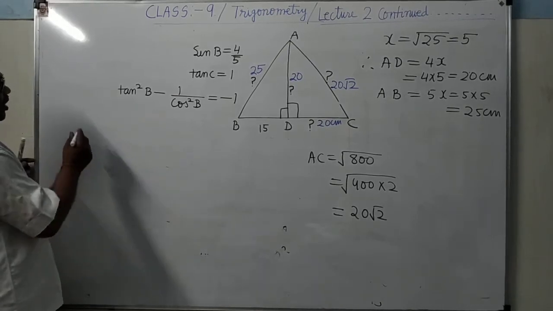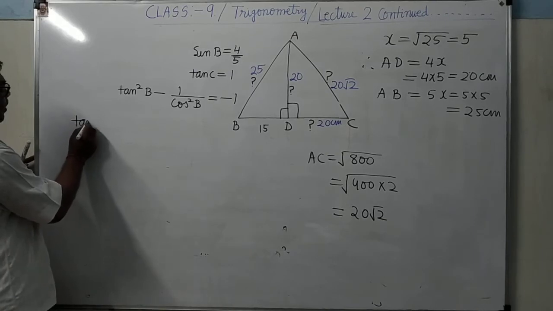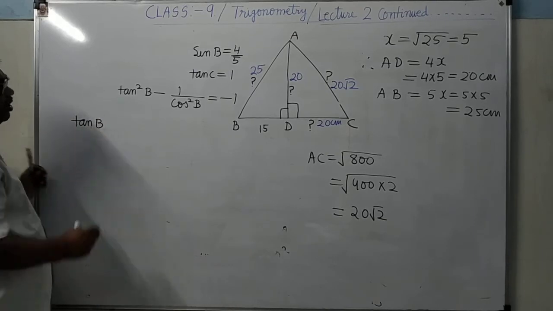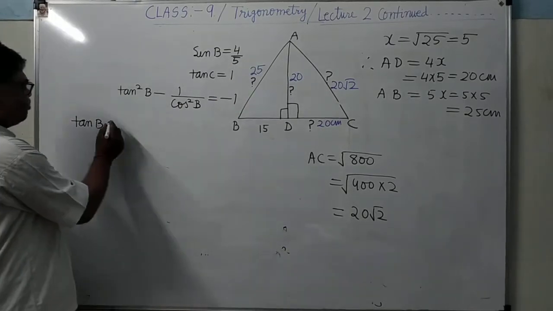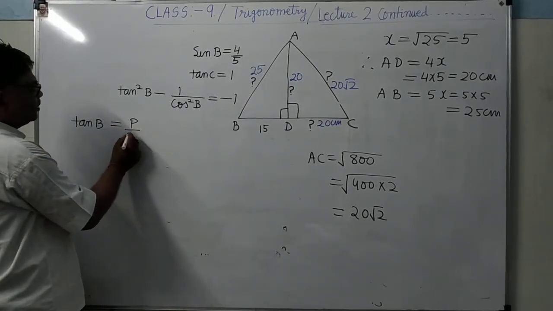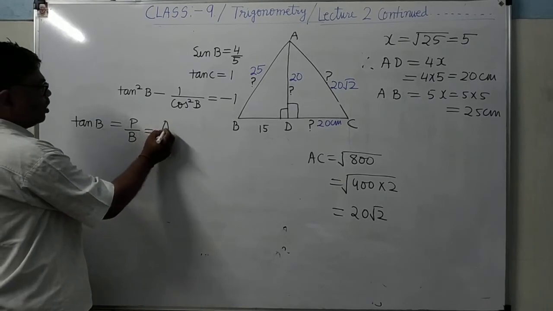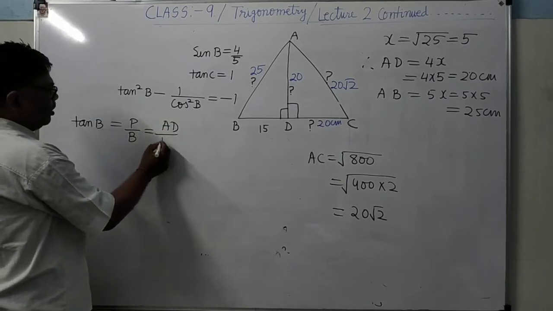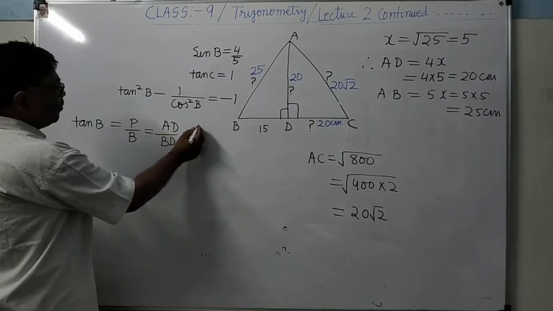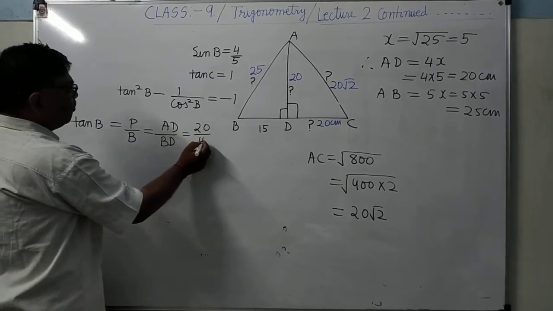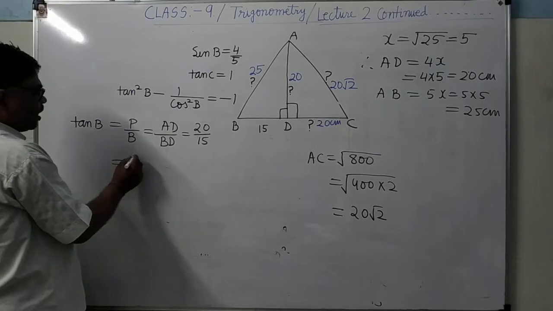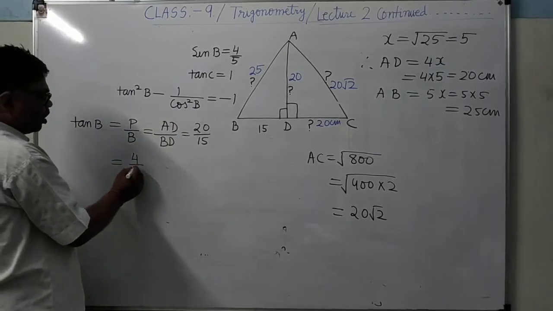So first you find out tan B. So tan B you will see in the triangle ADB. Tan means perpendicular upon base. What will be perpendicular? AD upon BD. So it is 20 upon 15. So cancel by 5, so it will be 4 upon 3.